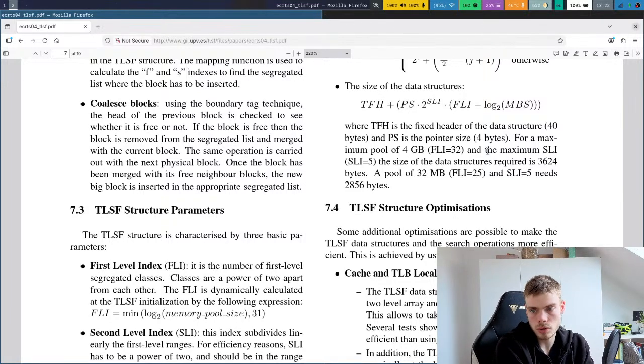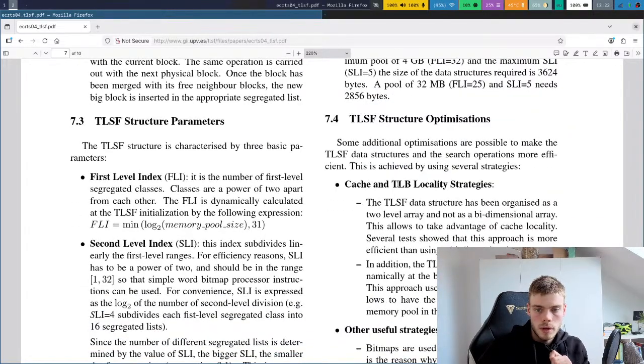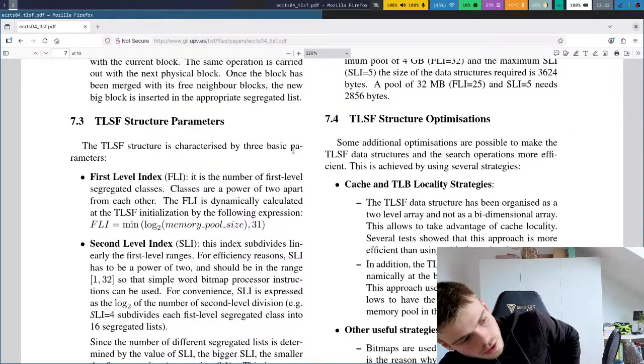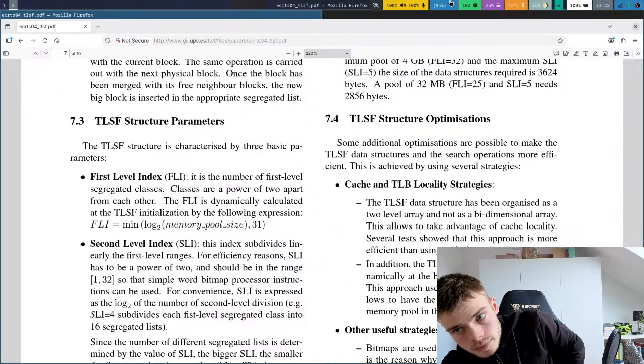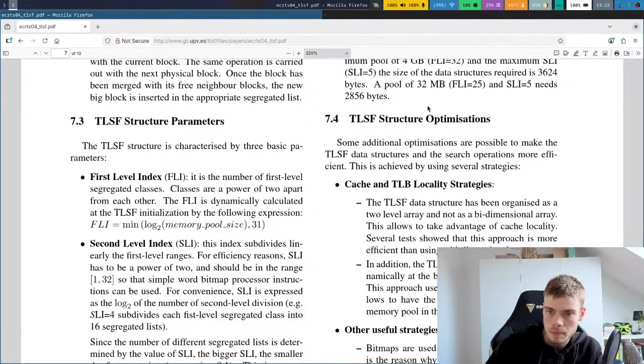The size of the data structures required is 3,620 bytes. For a pool of 32 megabytes, FLI is 25, SLI is 5, and it needs 2,800. Okay, overhead of 3 to 2 kilobytes.